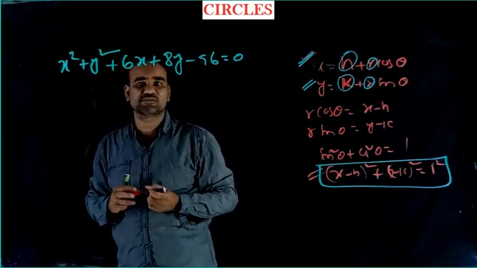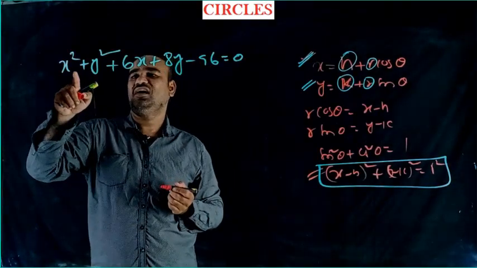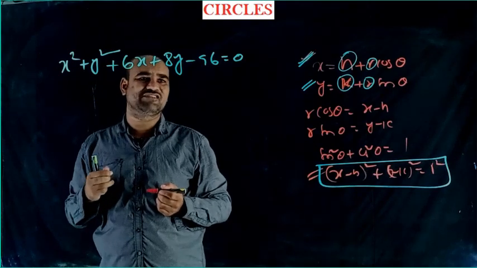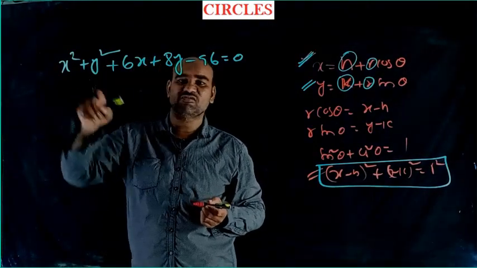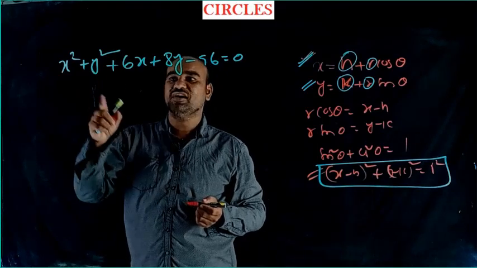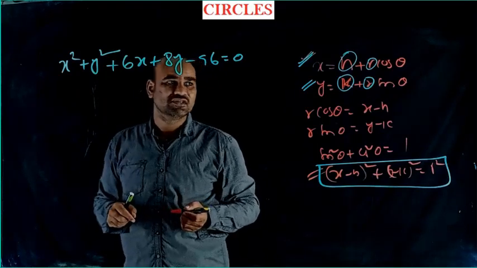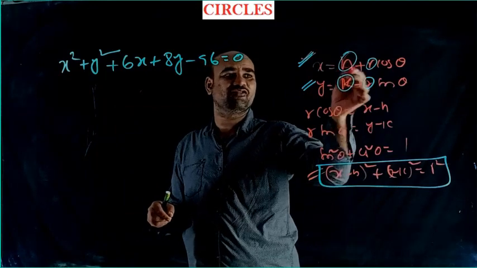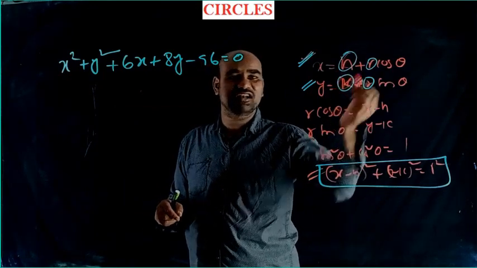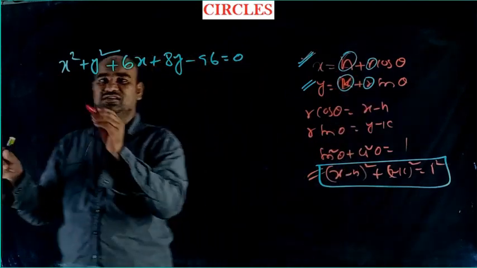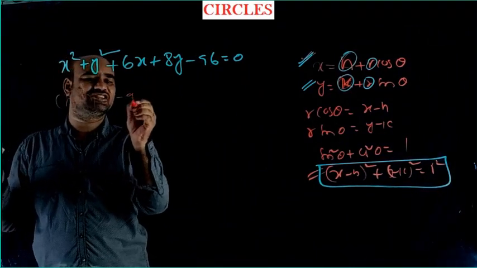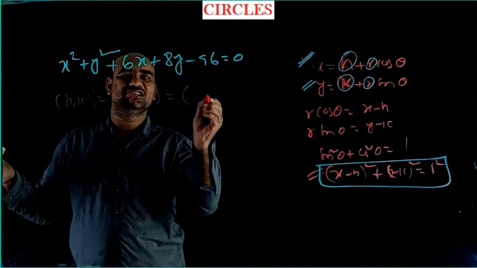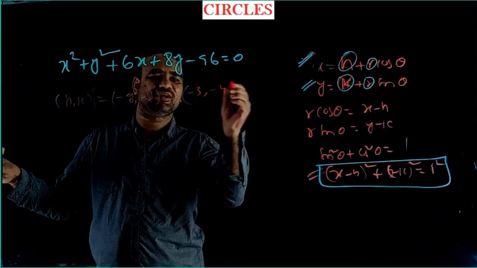Students, listen to another example problem. Convert x square plus y square plus 6x plus 8y minus 96 equals 0 into parametric form. Actually, this is the general form of the circle equation. To convert it into parametric form, first of all you need to know its center and radius. The center h comma k equals minus g comma minus f, that is minus 3 comma minus 4.